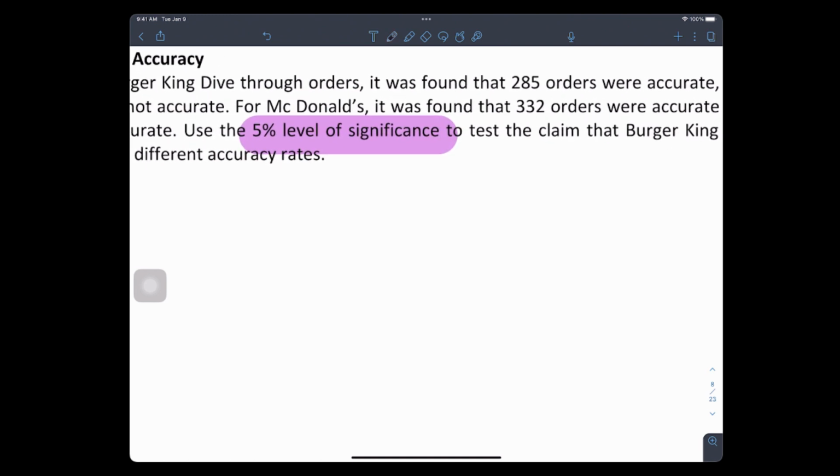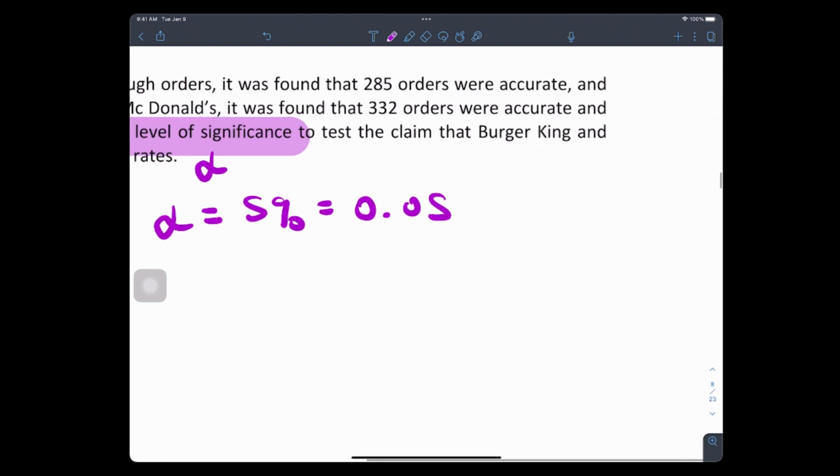What is this? Alpha. What do I do with the 5% level of significance? I test the claim. What's the claim?